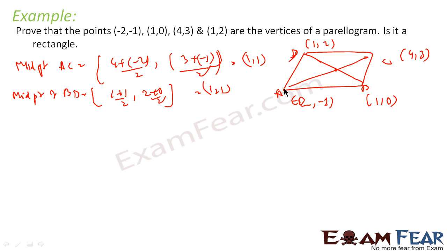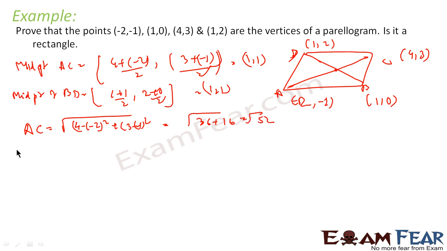Now, to decide which, we have to find the value of AC and BD. If they are same, it is rectangle. If not, it is parallelogram. AC will be equal to nothing but root of (4 minus minus 2) square plus (3 minus minus 1) square. Correct? This is nothing but root of 6 square, that is 36, plus 4 square, that is 16. Right? So this is nothing but root of 52.